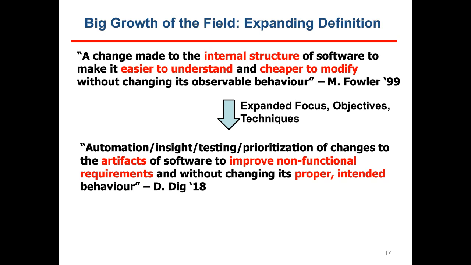And the goal is no longer only to improve non-functional internal quality, but many other non-functional requirements such as performance, security, and even the definition of behavior preservation has slightly changed. So preservation of behavior has expanded to mean that we want to preserve the proper intended behavior, but we want to remove the improper behavior.